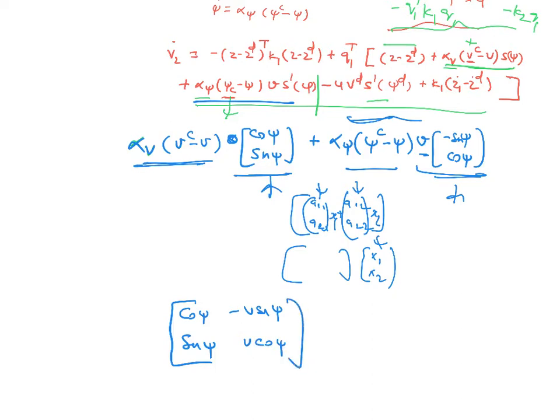So this is a matrix multiplied by alpha v commanded minus... One more thing can be done here.